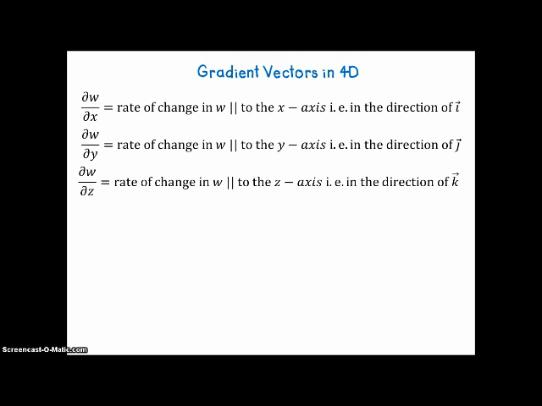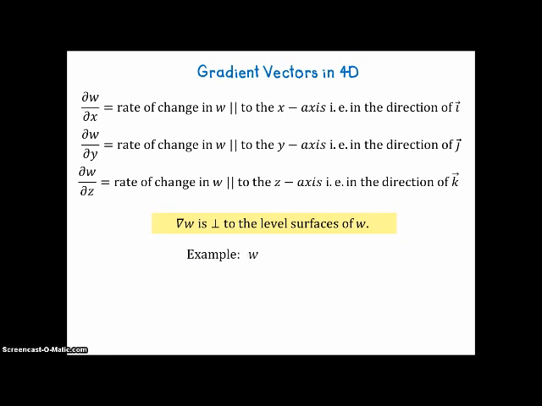So now we're adding to our vector: instead of a two-dimensional vector parallel to the xy plane, we're going to get a three-dimensional vector. Now, remember that when we had a function of two variables, the gradient was perpendicular to the level curves, right? So what will this vector be perpendicular to? It will be perpendicular to the level surfaces of w. Well, how is that useful?